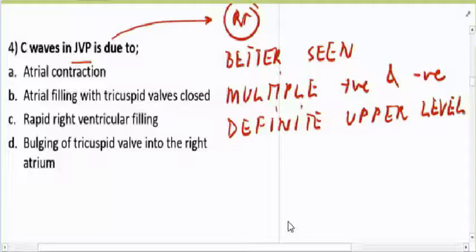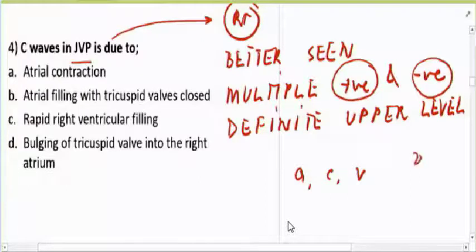which is called the hepatojugular reflux. Now, what are these positive waves? Positive waves are A, C, and V, and there are two negative waves, the X descent and the Y descent. Out of these, what is the A wave due to? A wave is because of atrial contraction. What is C wave due to?